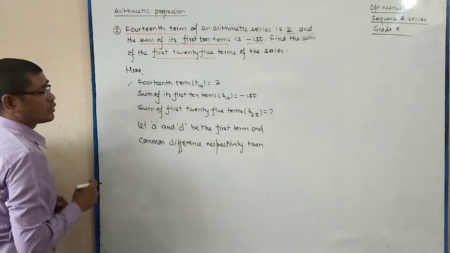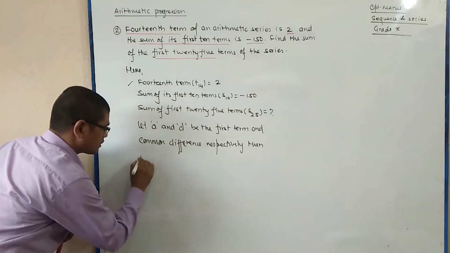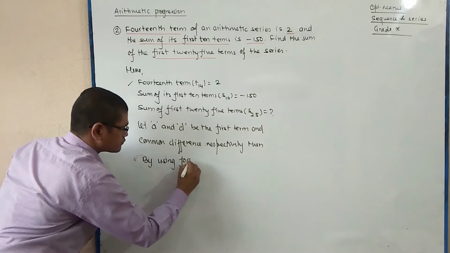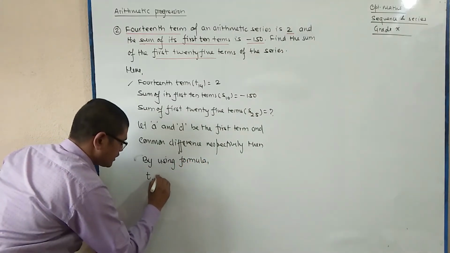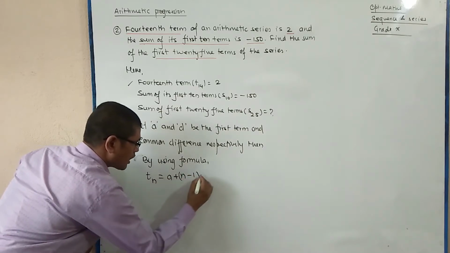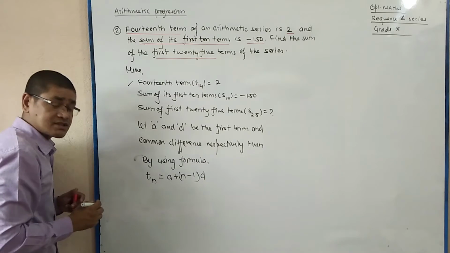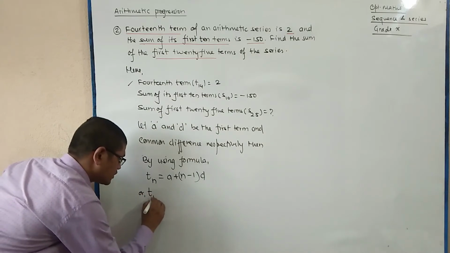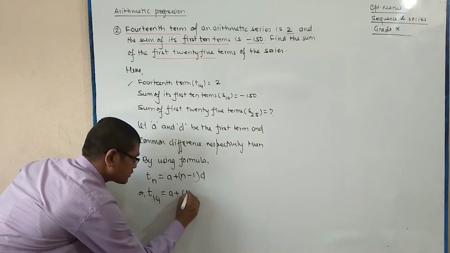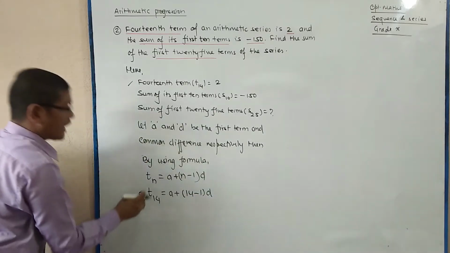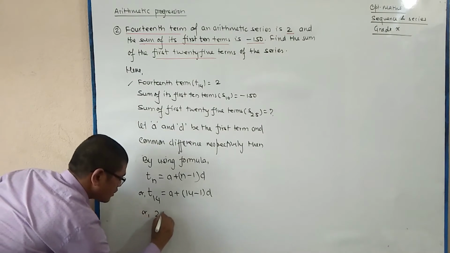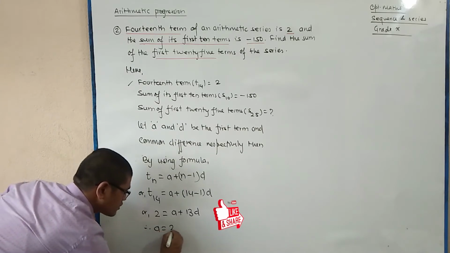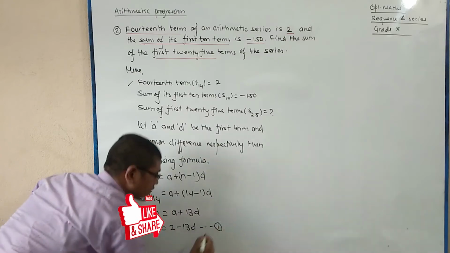The 14th term T14 is given to us, so by using the formula Tn equals A plus (n minus 1)D, as I have told in our previous questions, T14 equals A plus (14 minus 1)D, and T14 is given here, so 2 equals A plus 13D, therefore A equals 2 minus 13D as our first equation.